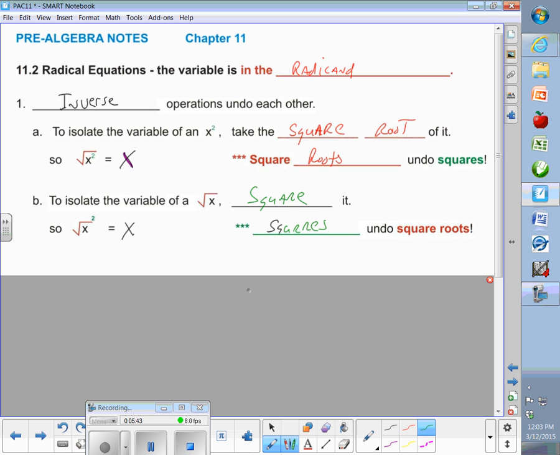Squares undo square roots. Okay, just throwing this out there. Let's go back to the first example: x squared, square root to undo it. What if I had an x cubed? How would I undo an x cubed? Raise your hand. I undo an x squared by taking the square root. How would I undo an x cubed?